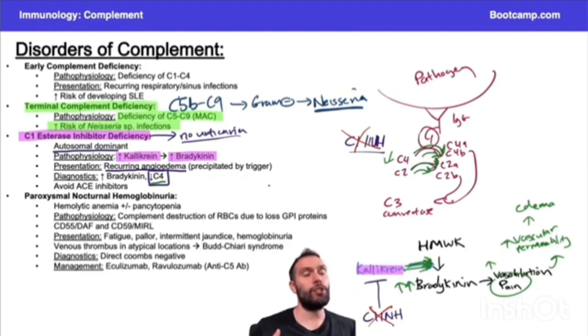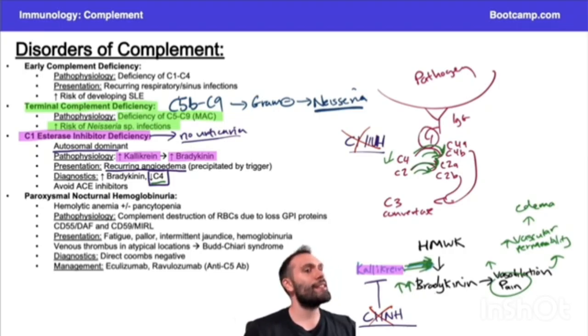If I have a patient that has anaphylaxis, I might be thinking epinephrine. If I have a patient that has C1 esterase inhibitor deficiency, I can try and get these patients C1 esterase inhibitor because that's what they're missing. That's going to slow this pathway down. If I give them concentrated C1 inhibitor, that will inhibit this kallikrein and we can get the bradykinin levels under control. So they're treated differently, so it's important to distinguish them.